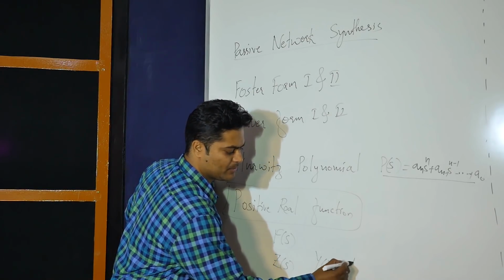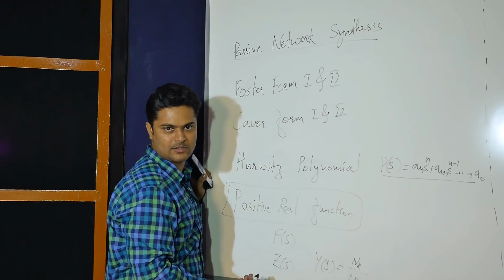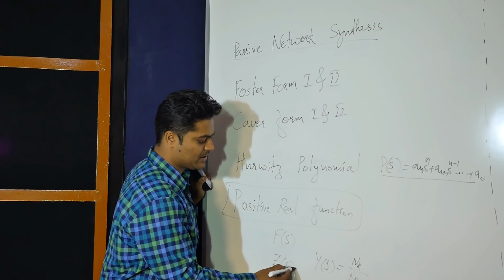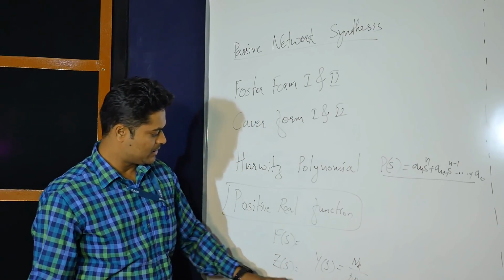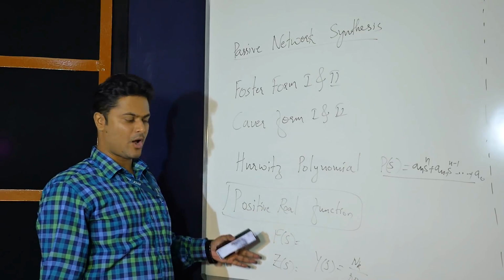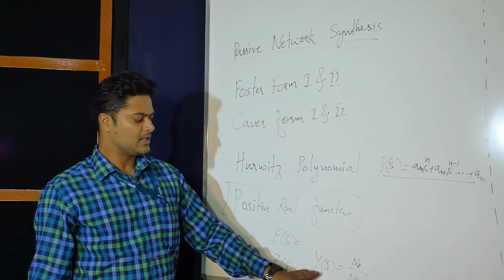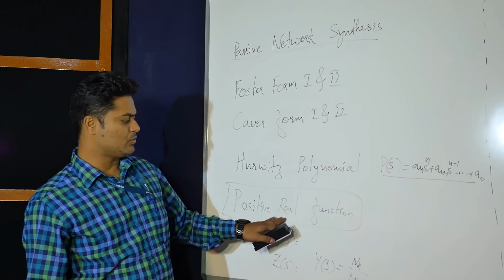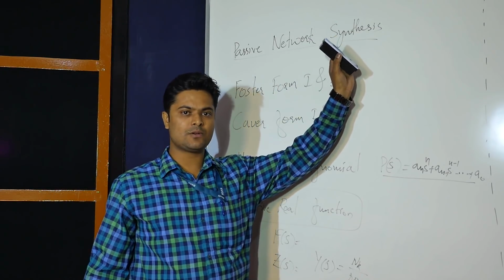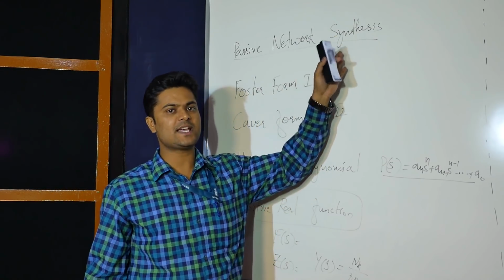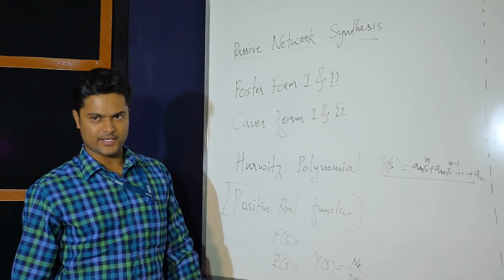It has a numerator function and a denominator function, almost like polynomials: a numerator polynomial and a denominator polynomial, for both Z(s) and F(s). So whatever we have in a problem, that is a characteristic equation in the form of impedance or admittance, both have to be positive real functions in order to realize, or synthesize, our network. The must condition is that the function should be positive real.